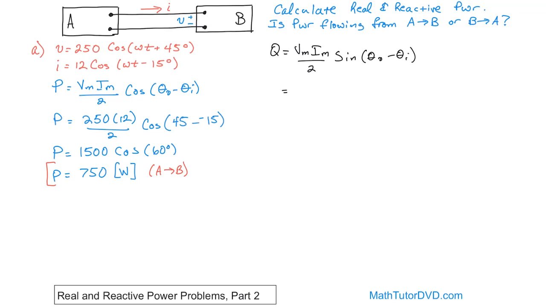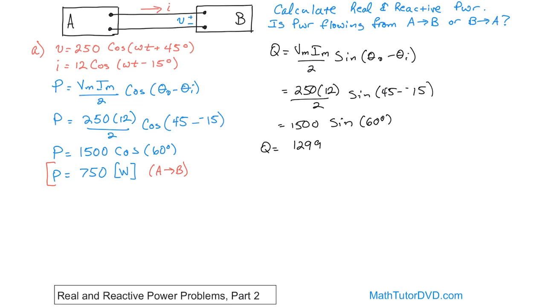You'll have 250 times 12 over 2, the sine of 45 minus a negative 15. Everything's the same except it's a sine, so you'll have 1500 times the sine of 60 degrees. And so Q, when you take 1500 times the sine of 60 degrees, you will get 1299.04. We could round here if you want.